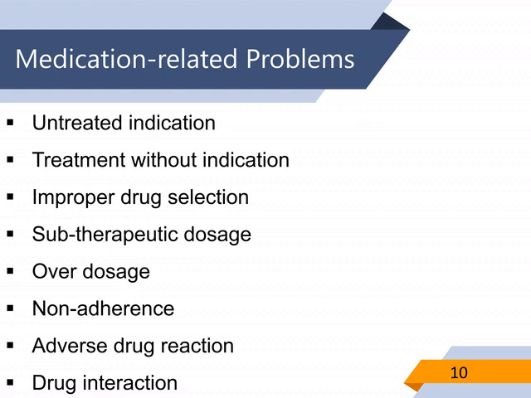Drug interactions: the patient has a medical problem that is the result of a drug-drug, drug-food, or drug-laboratory test interaction. Medication use without indication: the patient is taking a medication for no medically valid indication.